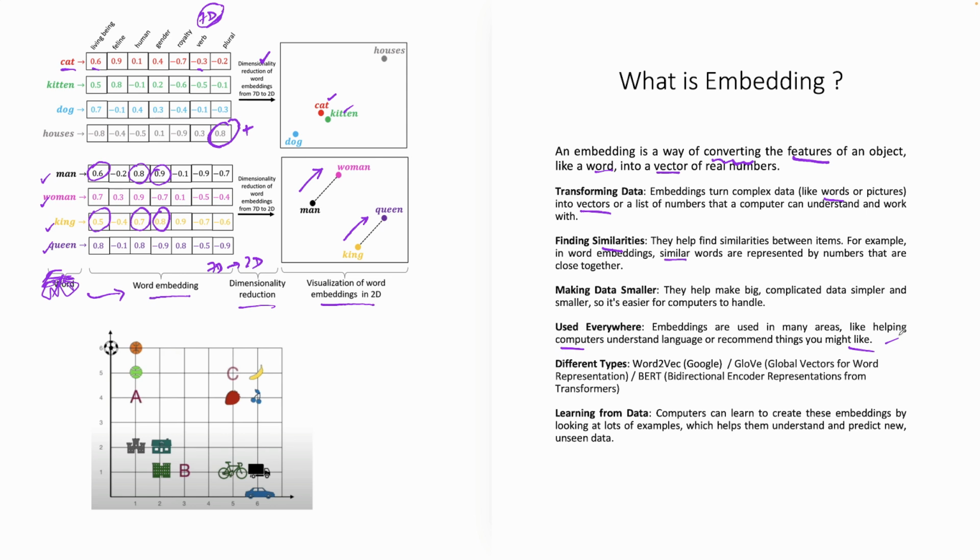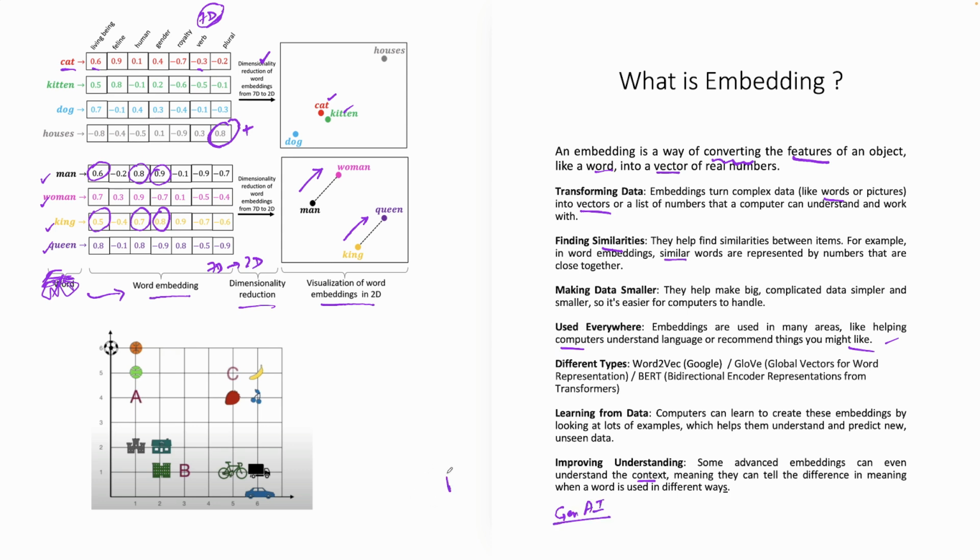So computers can learn to create these embeddings by looking at lots of examples, which helps them understand and predict new unseen data. And yes, some advanced embeddings can even understand the context, because that is the backbone of Gen AI systems.